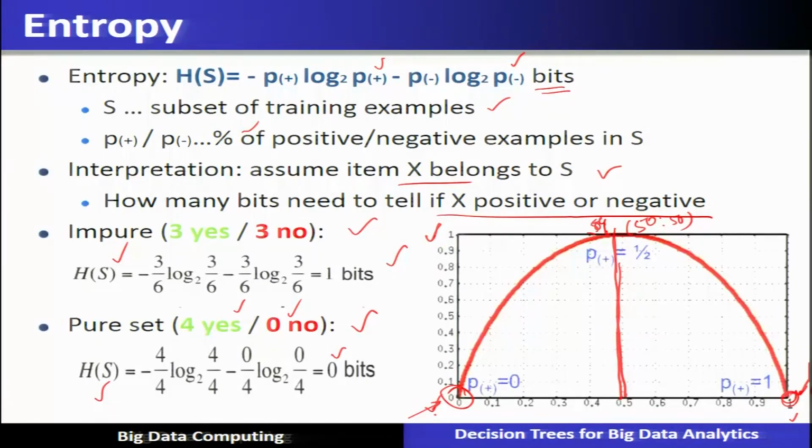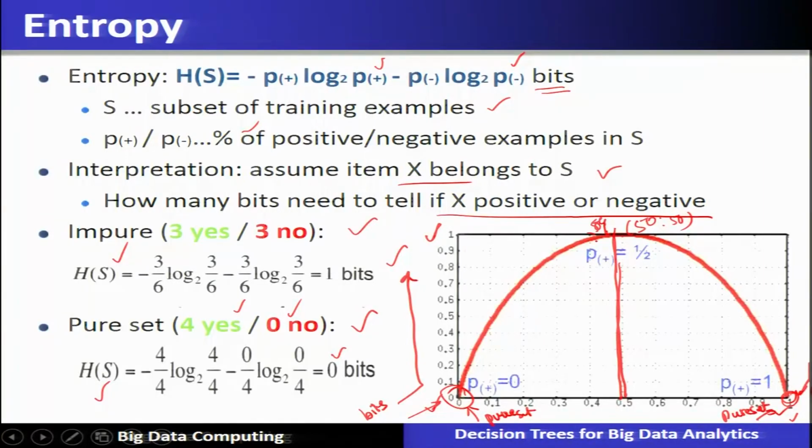For example, here in the pure set all are yes and 0 are no's. Similarly, in another pure set all are no's and 0 yes, then also it is a pure set. In both the cases, the number of bits is 0. Hence, this is going to be a pure set, and this is also going to be a pure set.